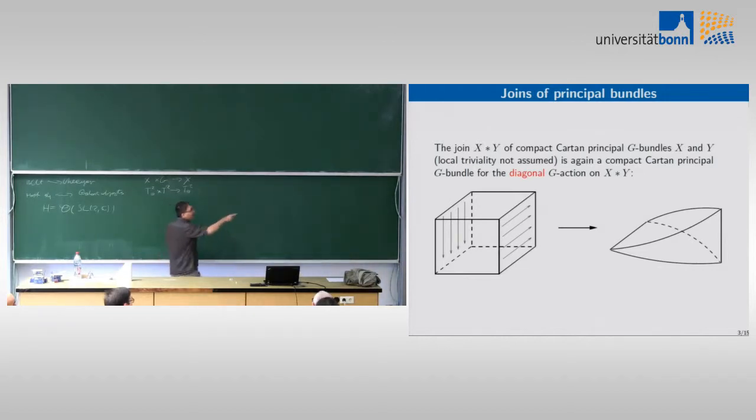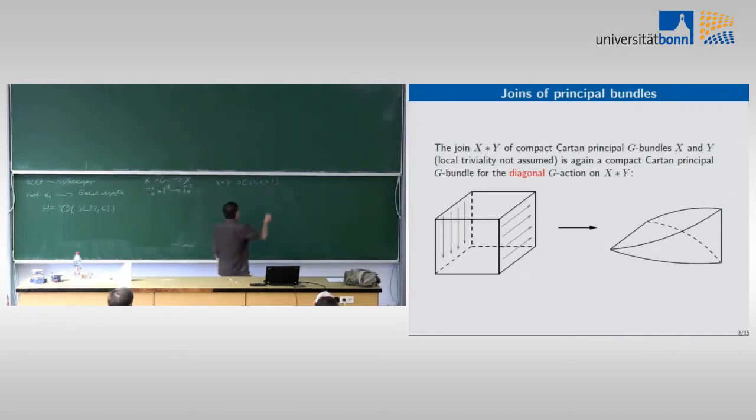Maybe I'll just write the formula so that you see there is no misunderstanding of what I mean by this diagonal action. So what is an element in this join? This is some equivalence class of a triple: I have something in X, I have something in Y, and I have my parameter t running the unit interval, and then I divide by an equivalence relation.